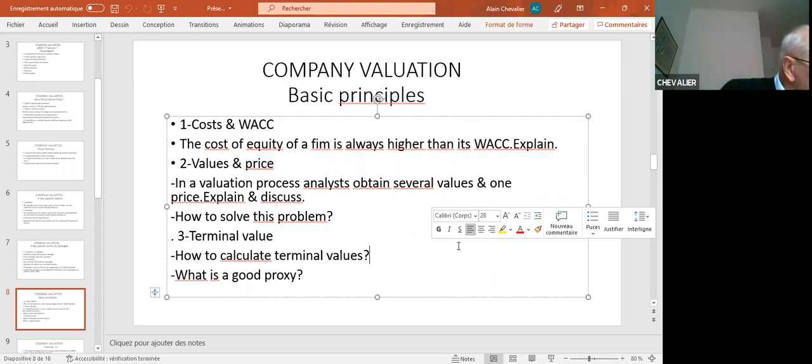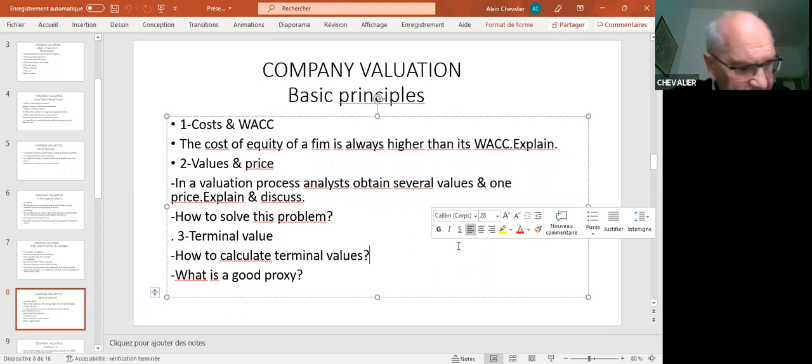Valuation is part of the important financial topics, but you understand it is a kind of secondary level topic.